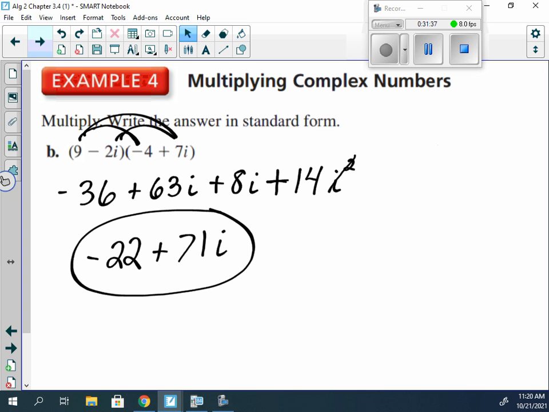We get the same thing for that? Yeah. So the calculators will still do this here, yes?